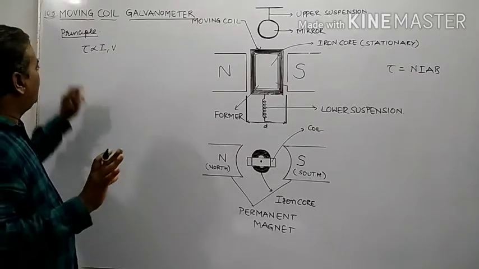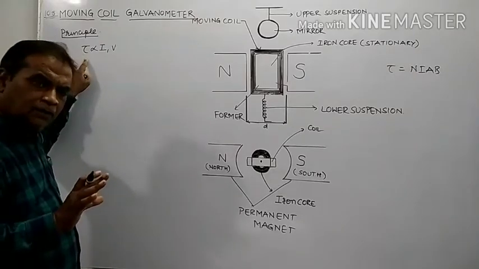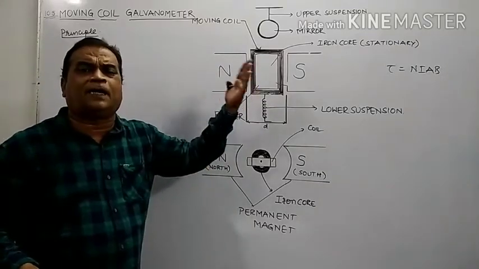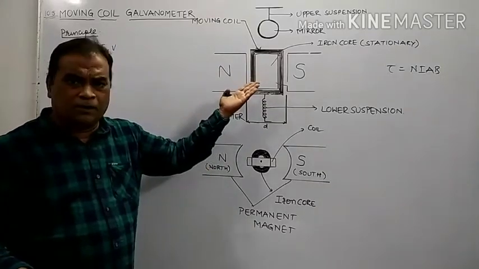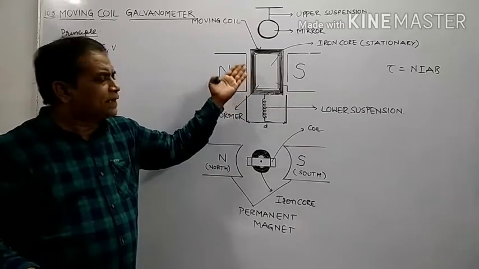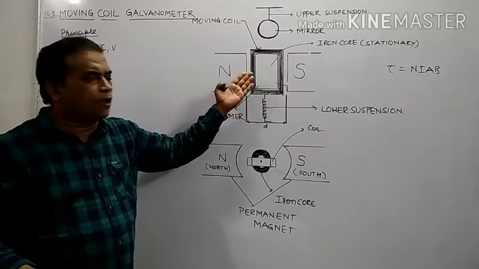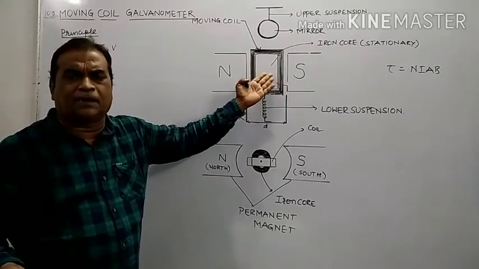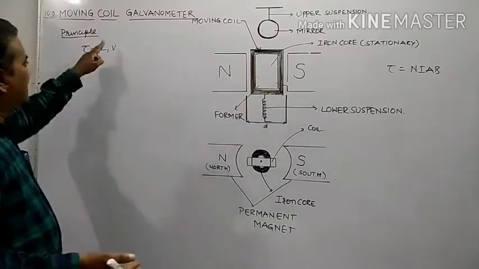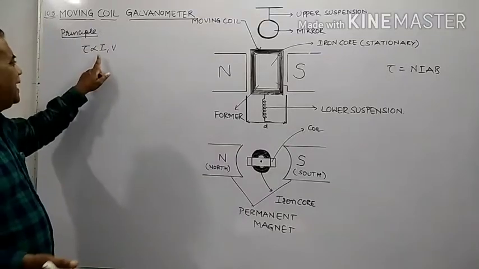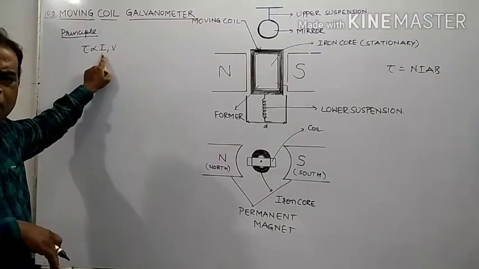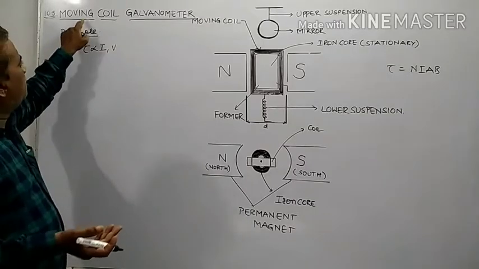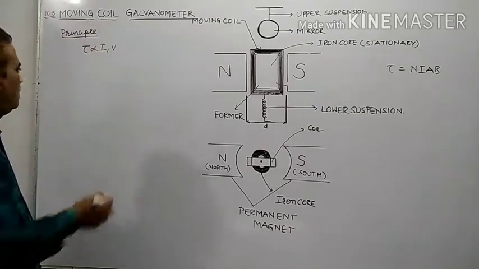What is the principle? The torque exerted by the magnetic field on a current carrying coil is directly proportional to either the current I to be measured or the potential difference to be measured. So this is the principle of the moving coil galvanometer.